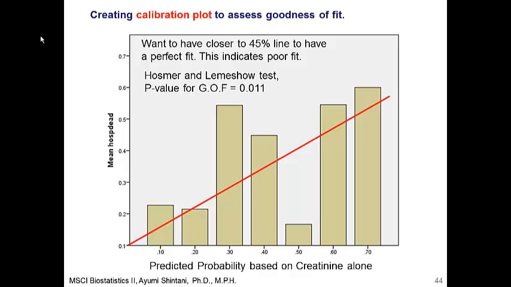So the better the predictions, you'd expect these bars to increase as we predicted, closer to the 45-degree line. And as you see, for the model with creatinine alone, the Hosmer-Lemeshow test indicated poor fit, and the calibration plot is not lining up on the 45-degree line.